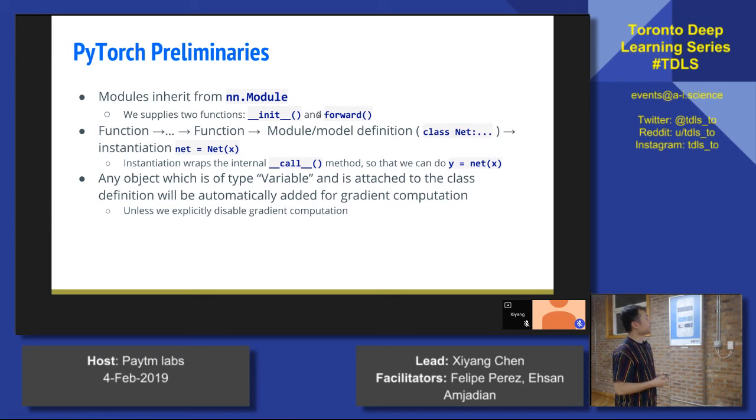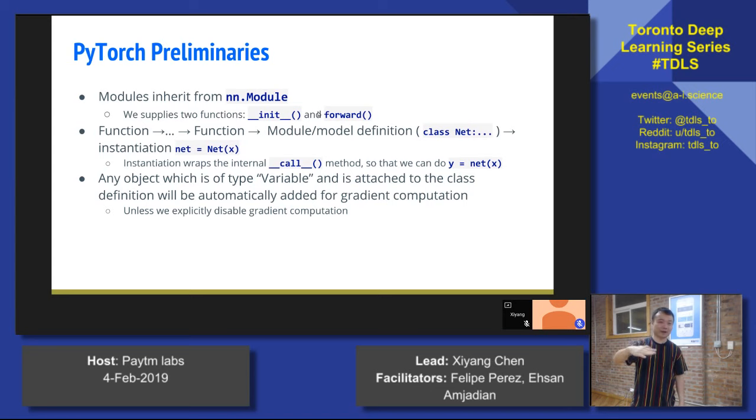And this is interesting: any object which is of type variable or parameter, I forgot which one it is. Parameter, okay. Let's say your x is a parameter, and in your instantiation you attach that to your class, which means, oh no, sorry, this is Python, self dot something equals something.